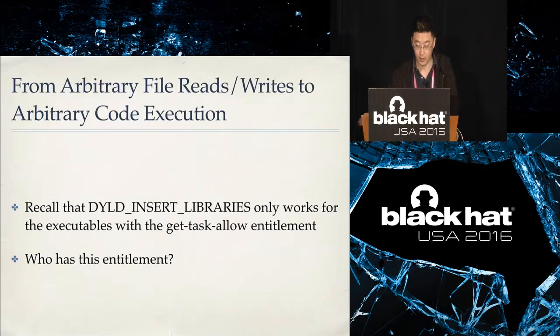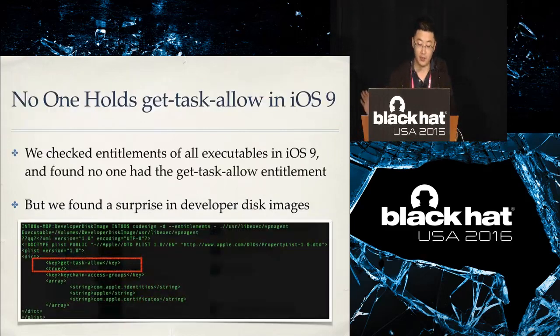So next, I will talk about how we transform that arbitrary file read and write vulnerability into arbitrary code execution. Recall that DYLD_INSERT_LIBRARIES only works for executables that have the get-task-allow entitlement. So who has this entitlement? We grepped the strings on the iOS file system.